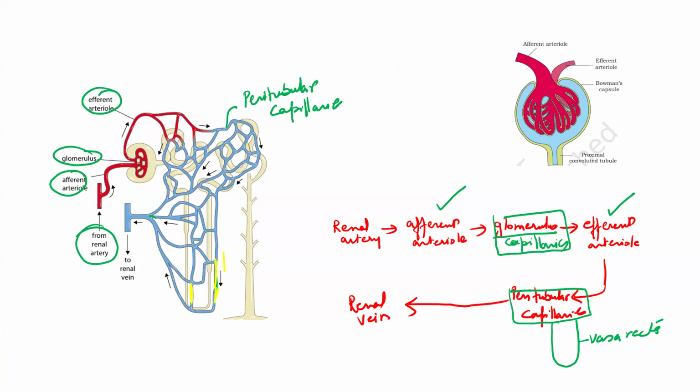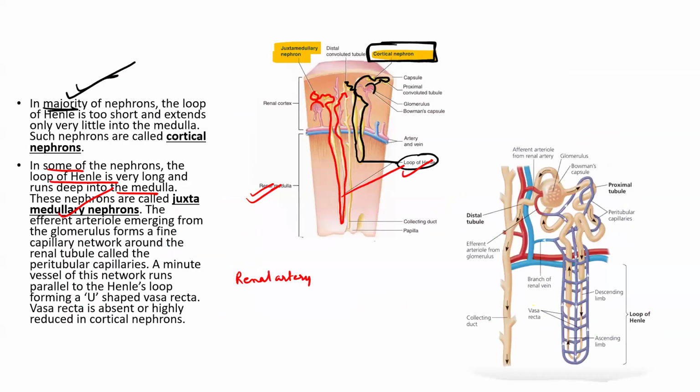You can assume this is the vasa recta here, and finally it comes to the renal vein. The peritubular capillary opens into the renal vein. Let me show you the other diagram also. See here, this is vasa recta. You can check. This is vasa recta. Clear?